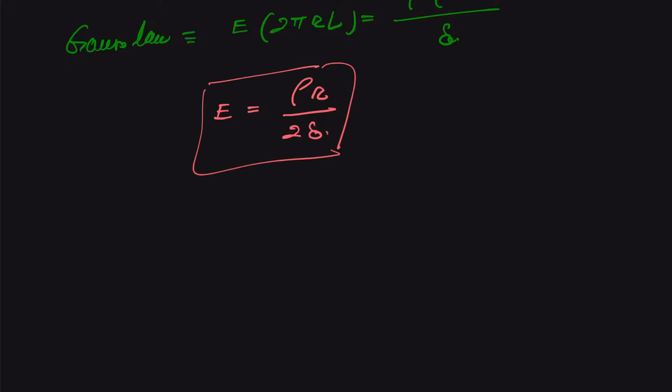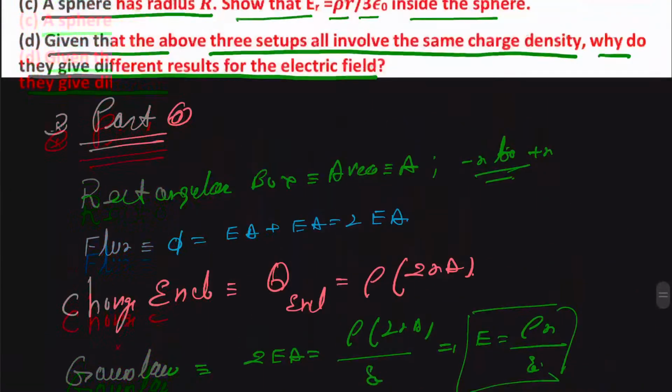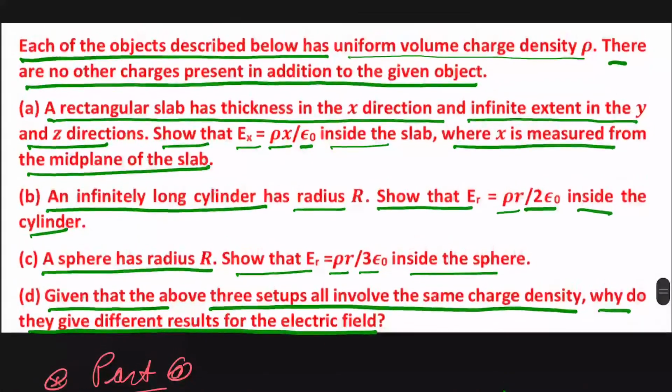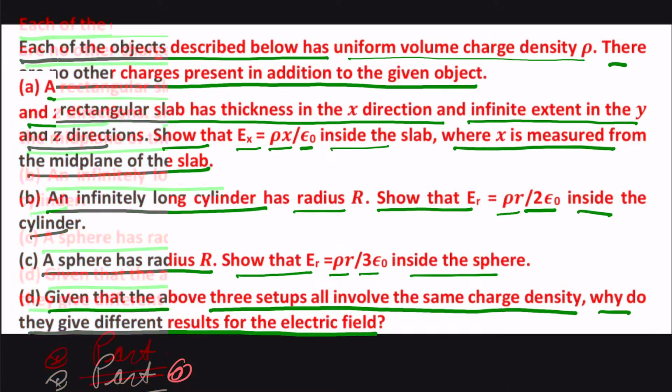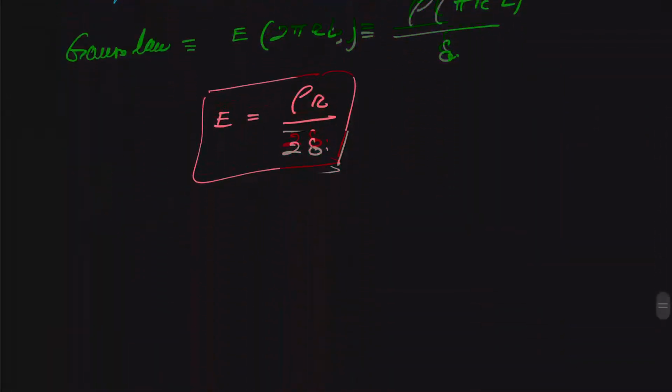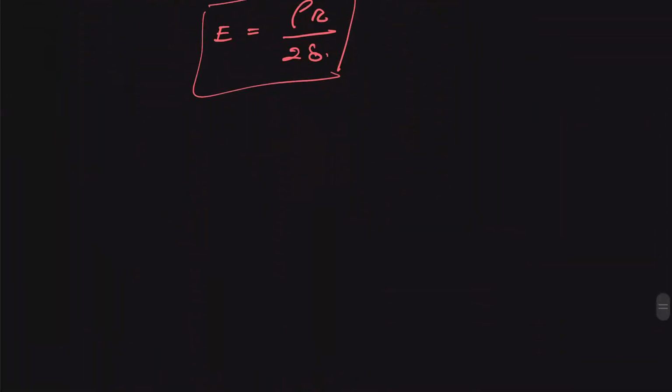Okay, and the last part is of a sphere of radius R. This is much easier, and so let me finish the sphere first, then I'll come back to the question.